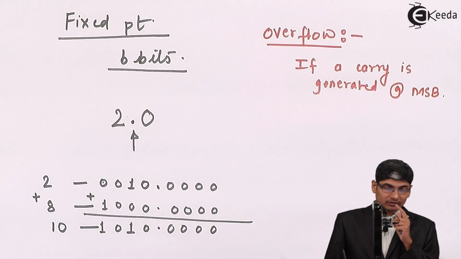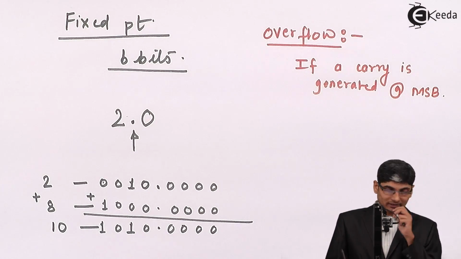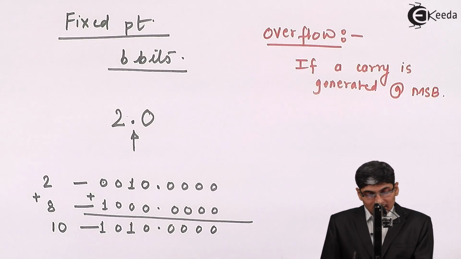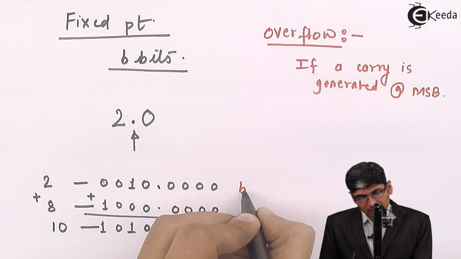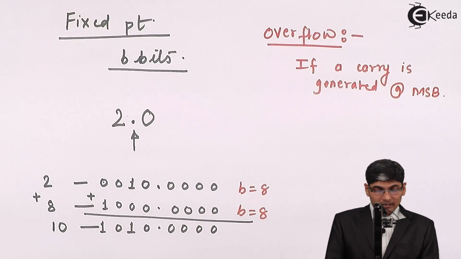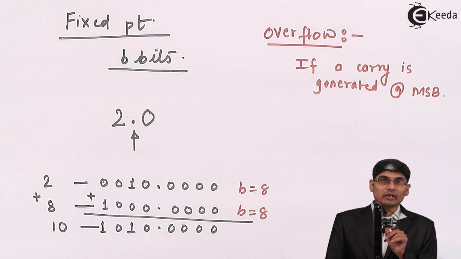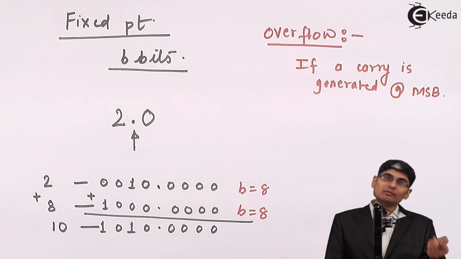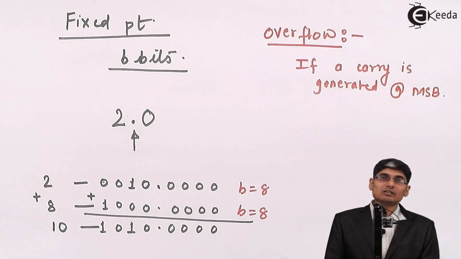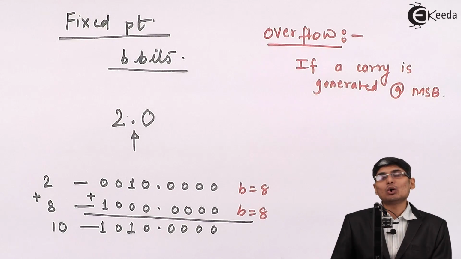With respect to the processor, I am adding two B-bit numbers. And what is B over here? B is 8, so this is B equal to 8 bits and this is also B equal to 8 bits. While adding them, it might happen that my result will produce a 9th bit. And that 9th bit will be an overflow.